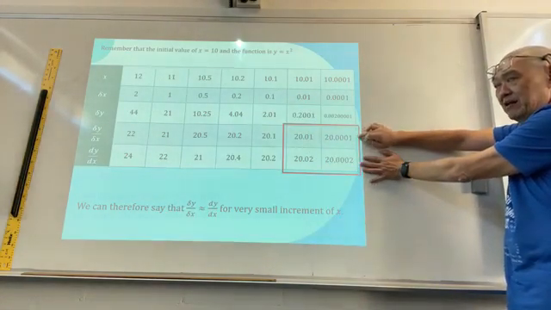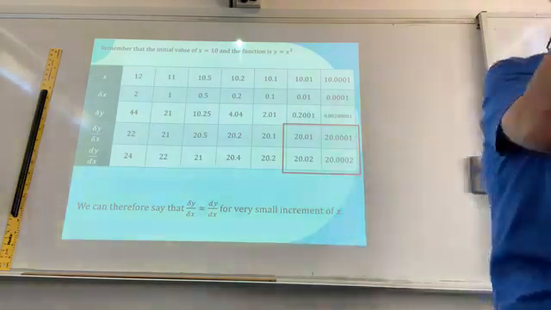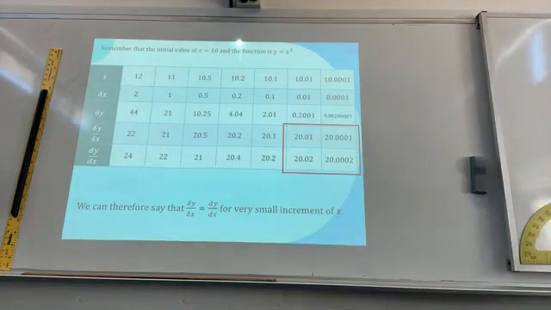Agree with that? So I proved to you that as delta x approaches 0, delta y over delta x can approximate dy/dx. And it has to be a very small increment of x.